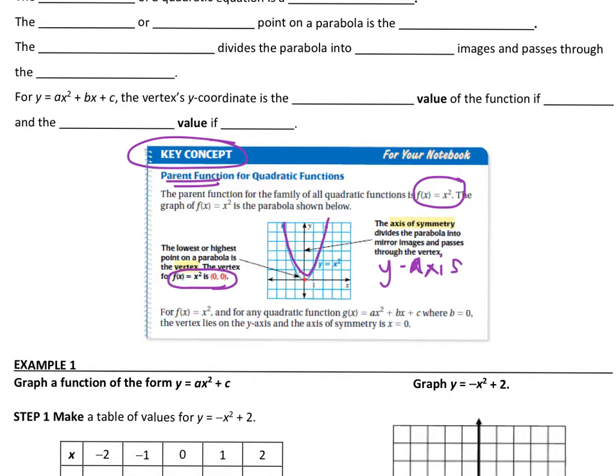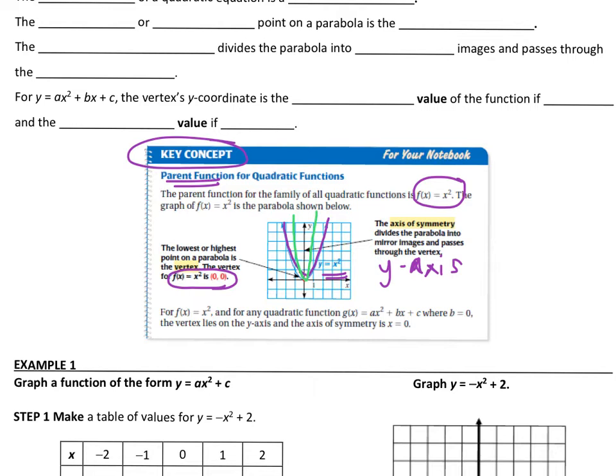So a lot of times we're trying to compare a graph that we might be asked to graph to this parent function. How does the graph change? Does it get skinnier? So in other words, could I look at a graph that looks like this? Maybe it still has the same vertex, but it's skinnier.